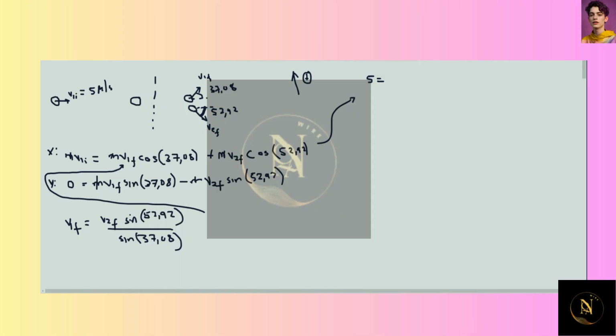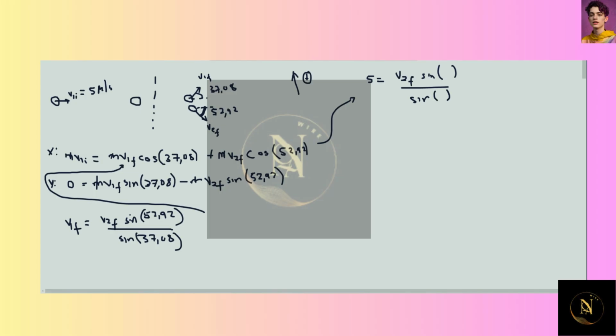so v1f is right here, and we replace it with this whole expression: v2f, sine of that 52 degrees over sine of 37 degrees.